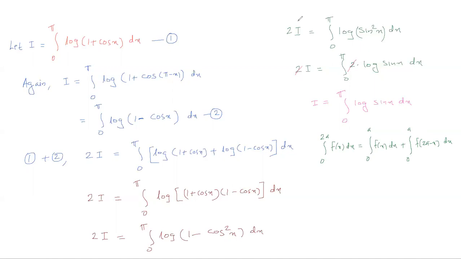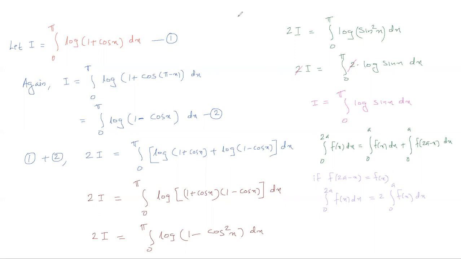And in this, if f of 2a minus x is equal to f of x, then integral 0 to 2a f of x dx can be written as integral 0 to a f of x dx plus integral 0 to a f of x dx, which gives you 2 into integral 0 to a f of x dx.